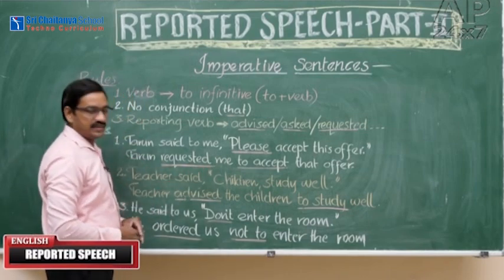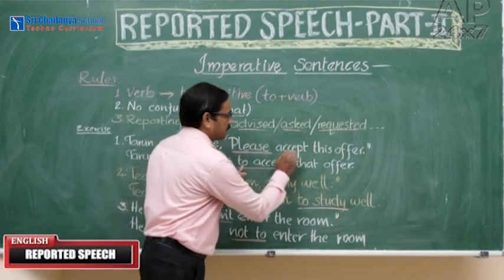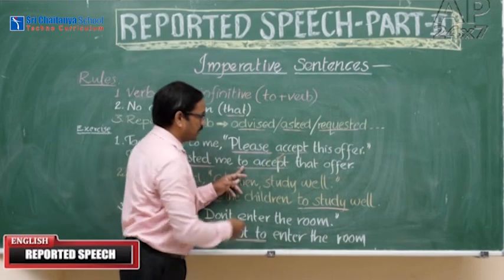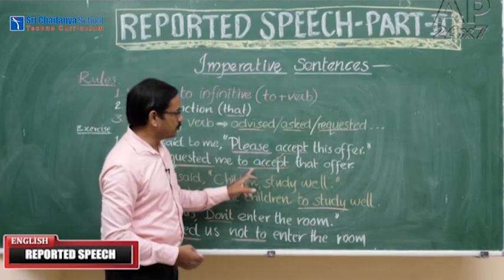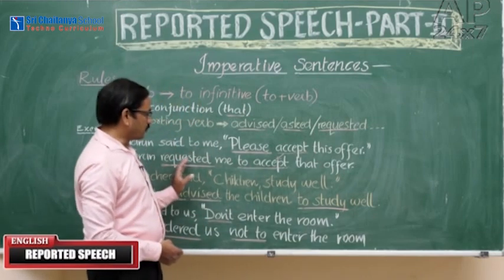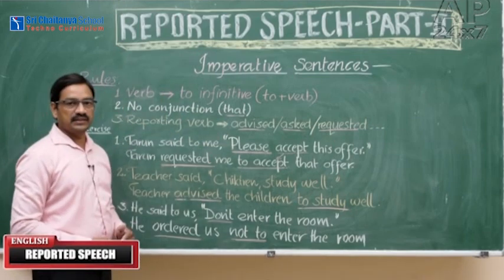And there is no that here. He requested me to accept. Accept is the verb here. That is now going to become to accept, the to infinitive. Requested me to accept this offer. This offer has become that offer.